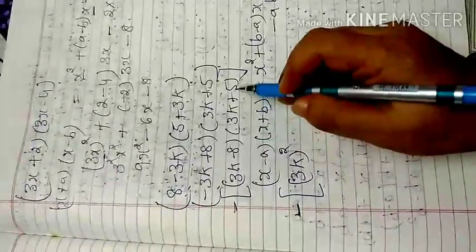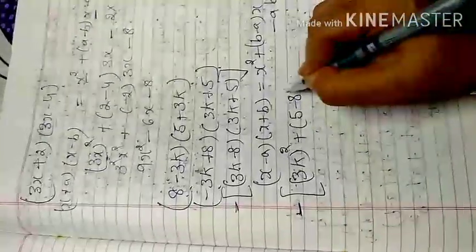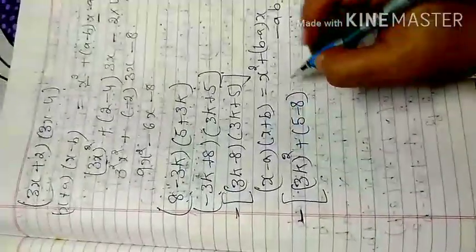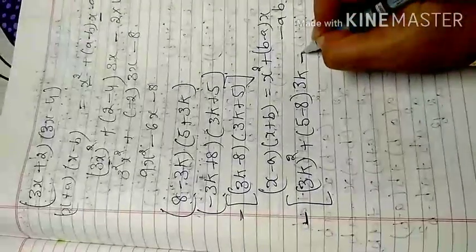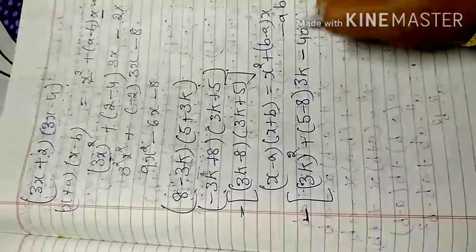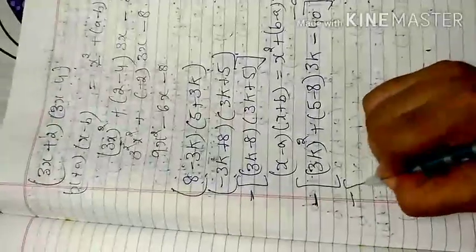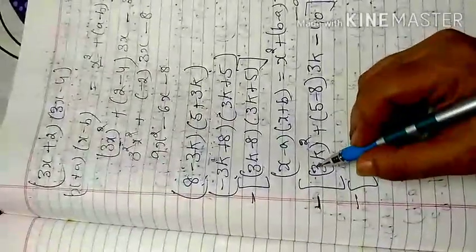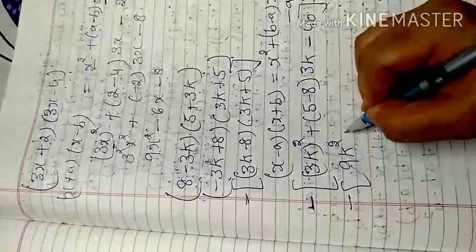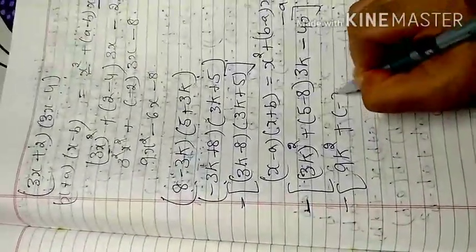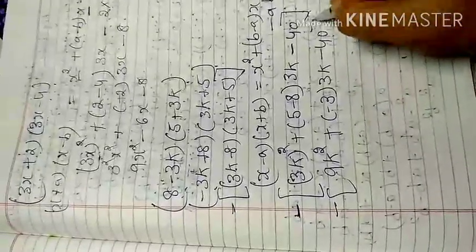In place of b there is 5 minus 8 and in place of x there is 3k, and now you multiply this a and b, 8 into 5 is 40. Now if you go with this, similarly 3k whole power is there, 3 square and k square will give you 9k square, 5 minus 8 gives you minus 3 into 3k, then minus 40.